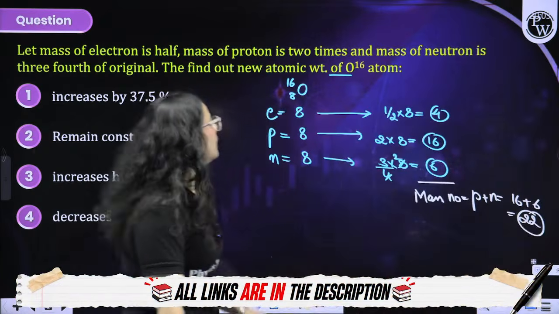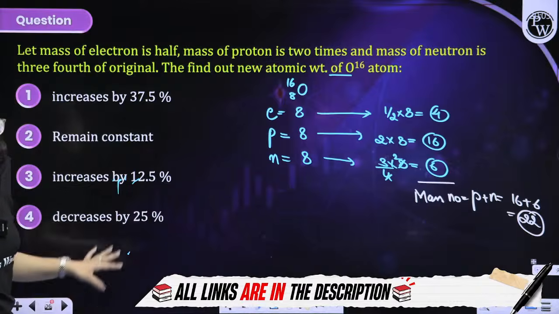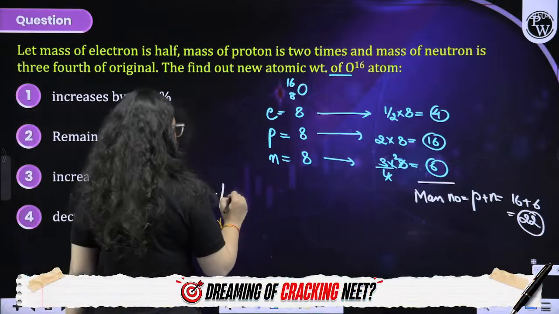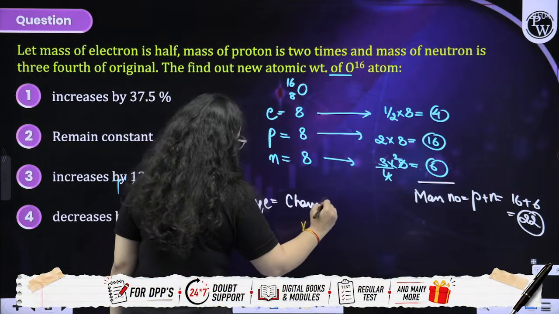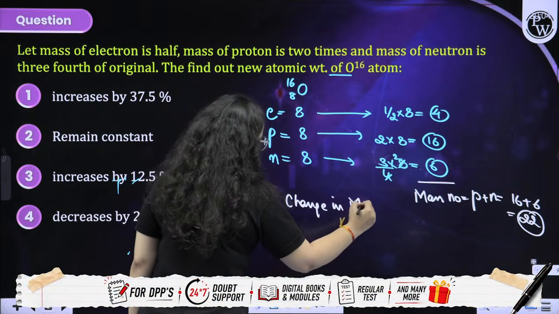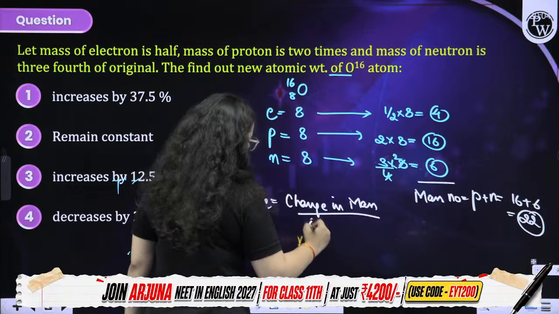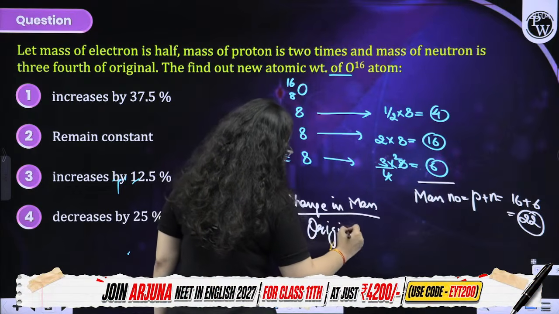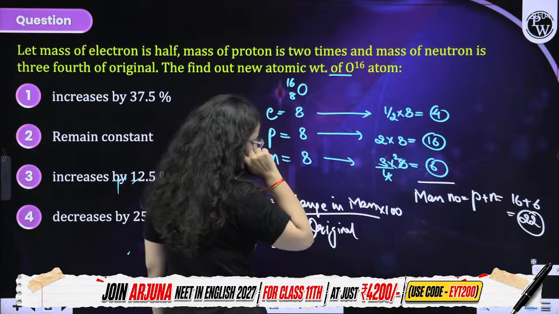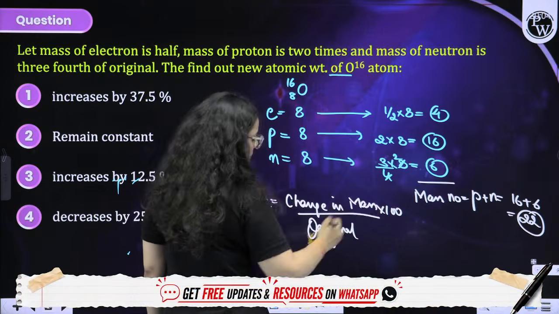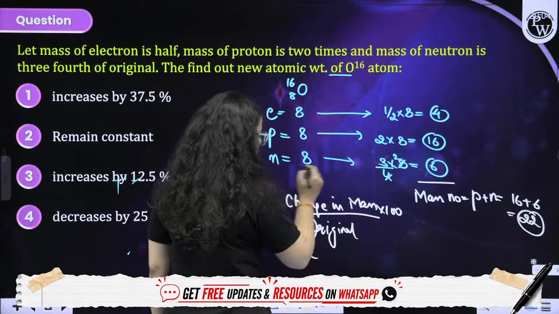Now how can we see the percentage change over here? Percentage change is the change in mass upon the original, the initial one, into 100. So this is the formula that we can apply to find the percentage change. The change in mass number is 22 minus the original one. What was the original one?